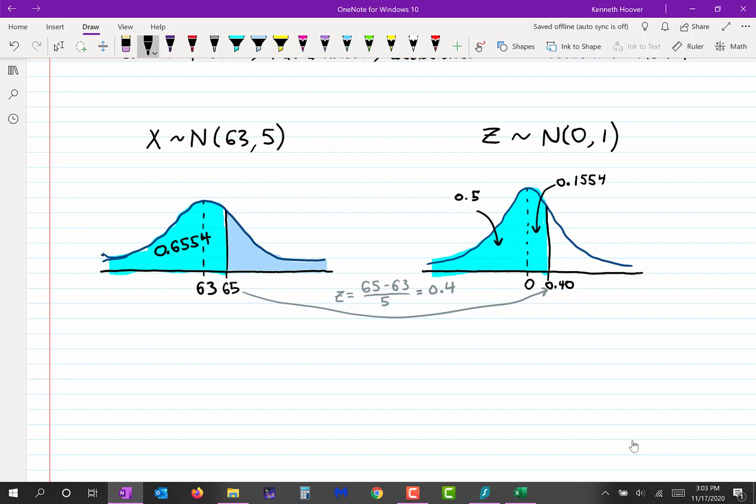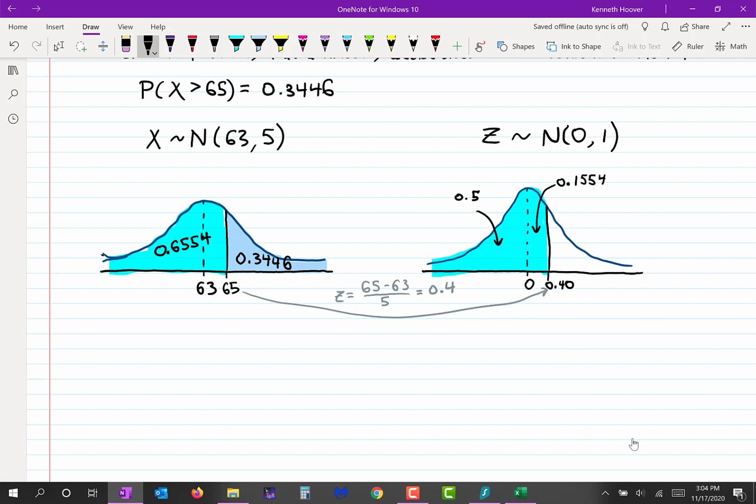So the area that I'm looking for must be how much? It's 1 minus 0.6554, which is going to be 0.3446. And that's the answer to our question. The probability of x being greater than 65 equals 0.3446.